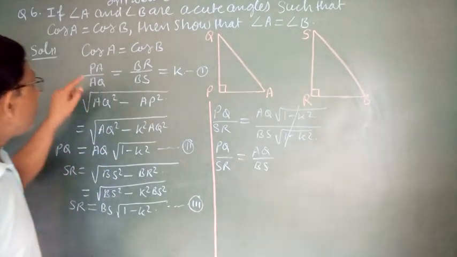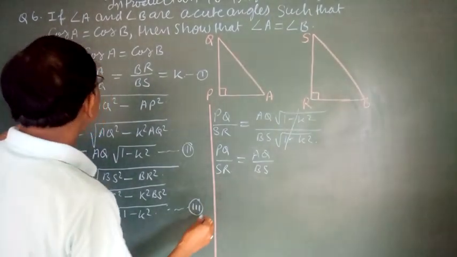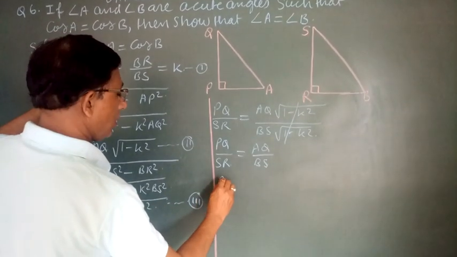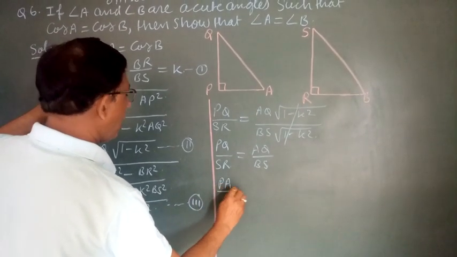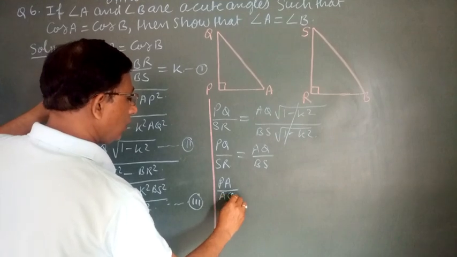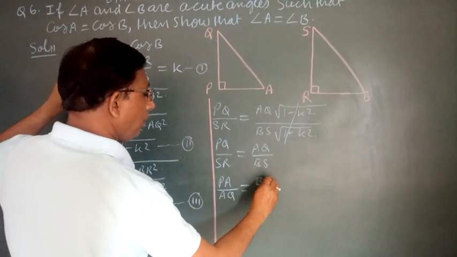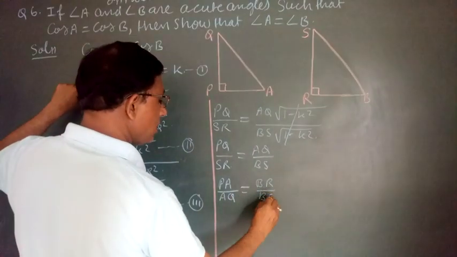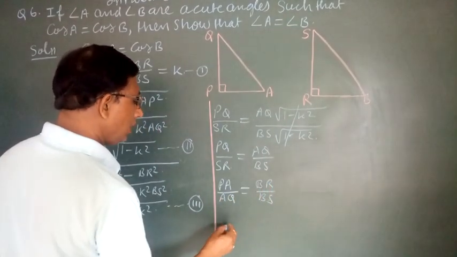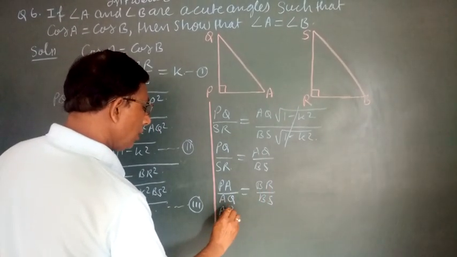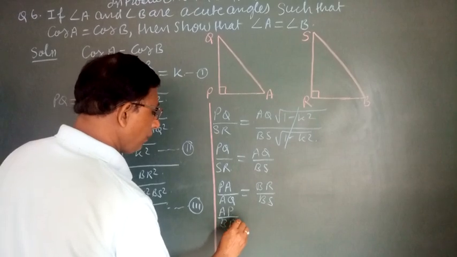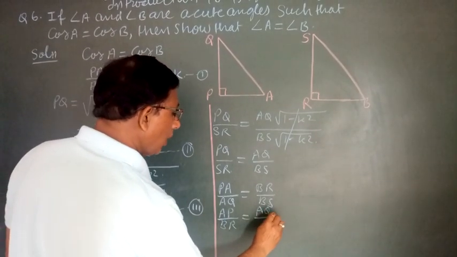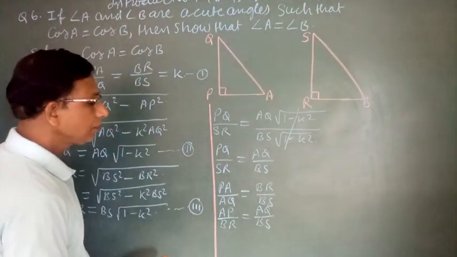Now from first equation we have AP upon AQ is equal to BR upon BS. Now we can interchange these terms, then it will become AP upon BR is equal to AQ upon BS.